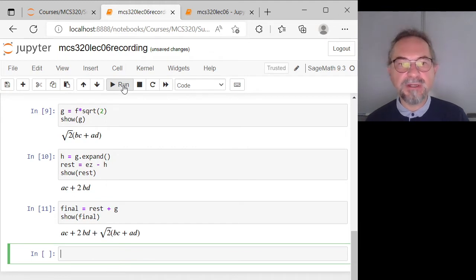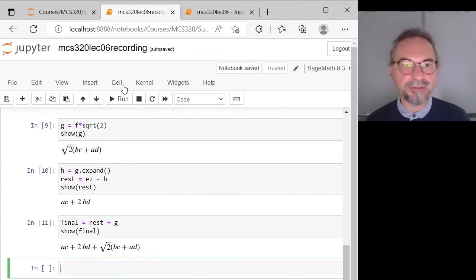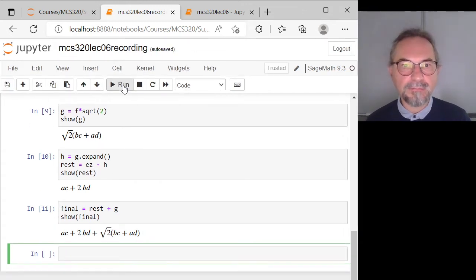So this gives me the expanded and grouped expression. It's also a way to illustrate the product rule to multiply two general algebraic numbers, where the square root of 2 is one of the roots that was added to our number field.